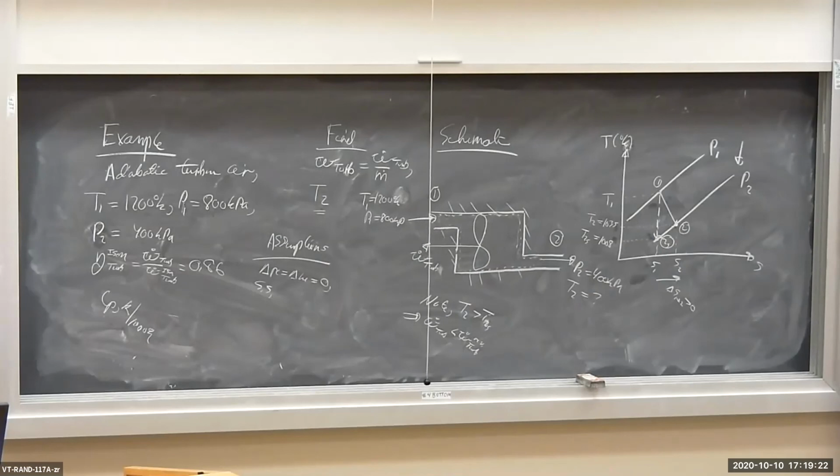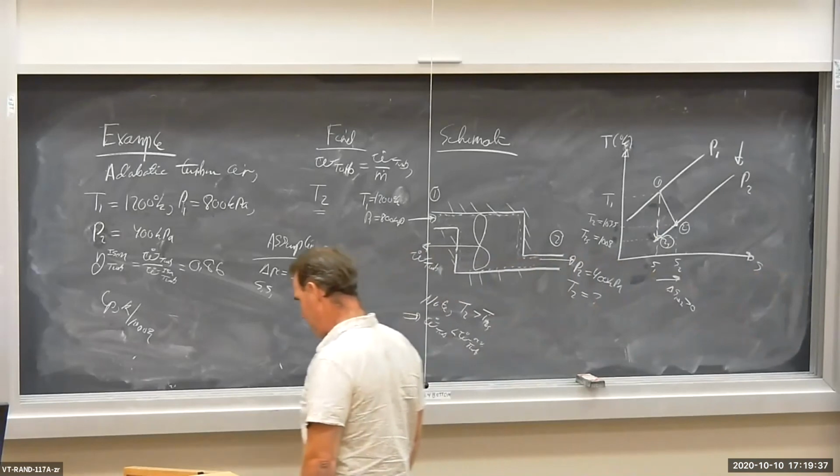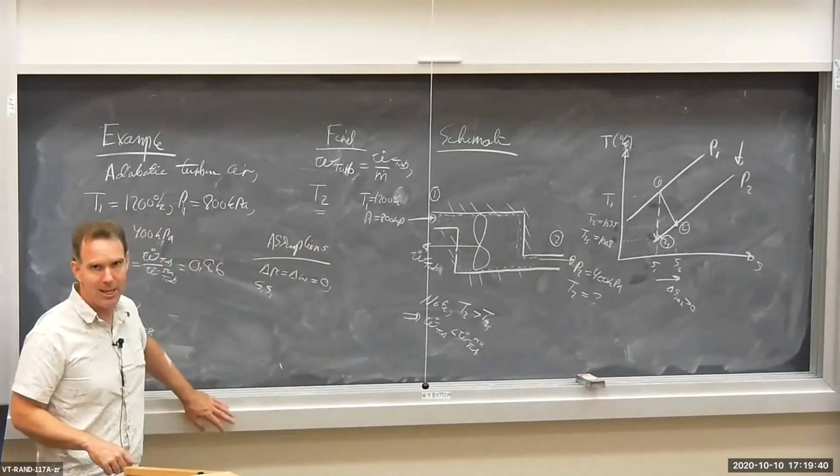Why? Because W dot for the real turbine is less than W dot for the most efficient isentropic turbine. Therefore, the outlet energy or enthalpy is going to be higher for the real turbine than the isentropic one, simply because less power is being extracted.